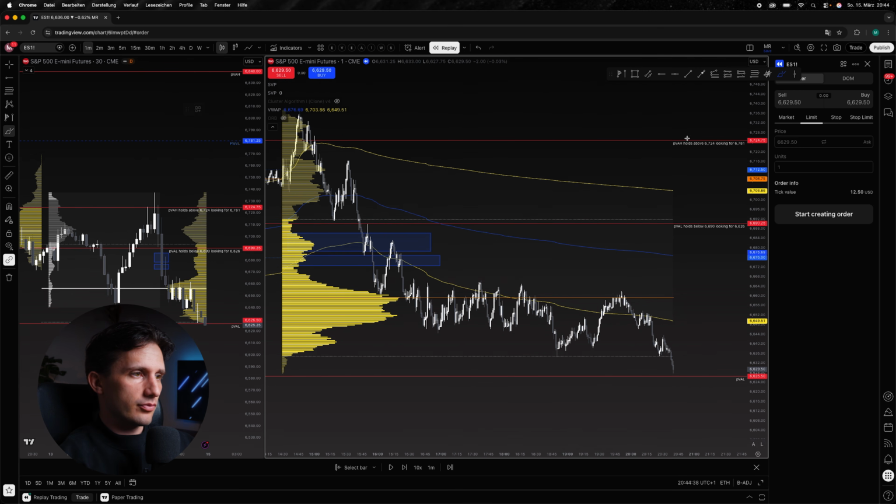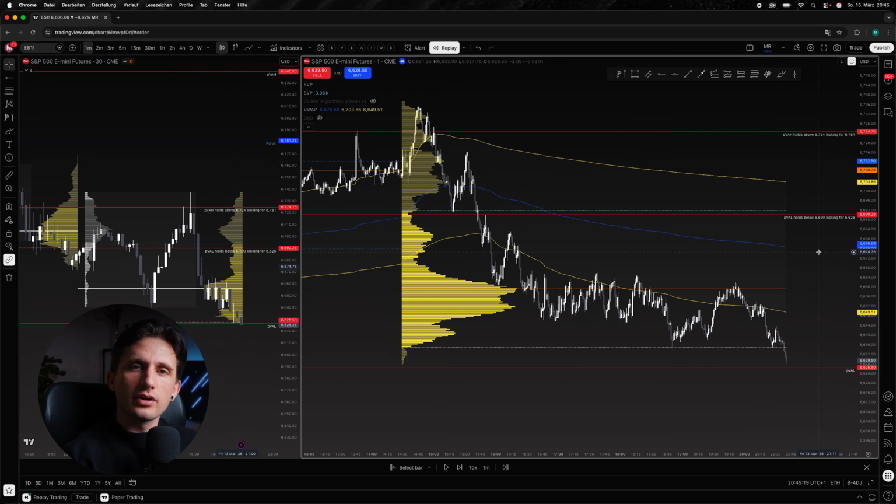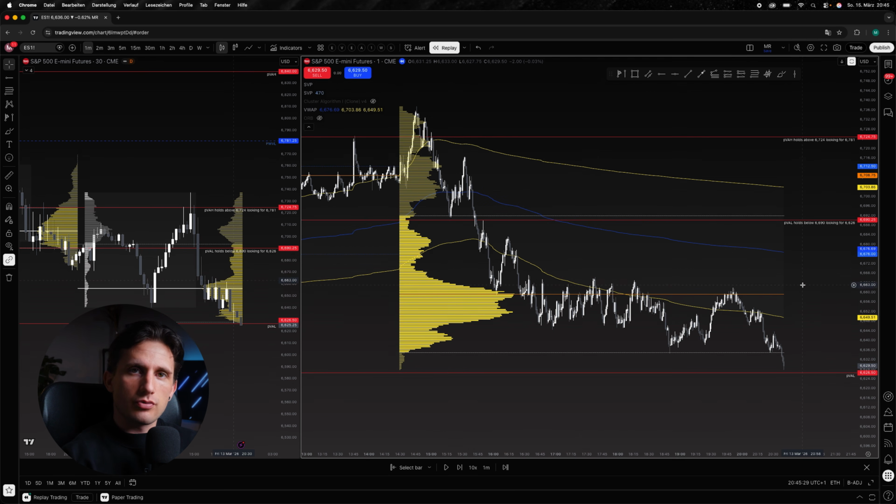We said that if we hold below value right here, we are looking for lower value areas. That's exactly what's happening. So you can see how accurate it is when you have a strict trading plan, and when you combine this with volume profile, you get a good trading plan to follow. You get levels where you should trade and levels where you shouldn't be trading.